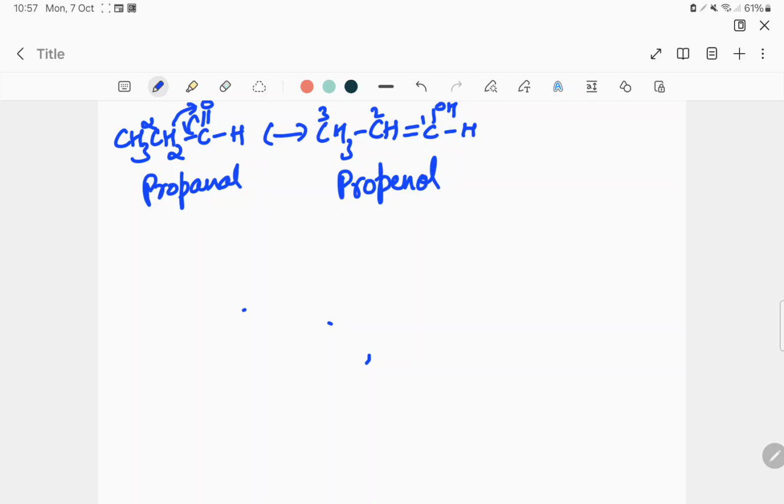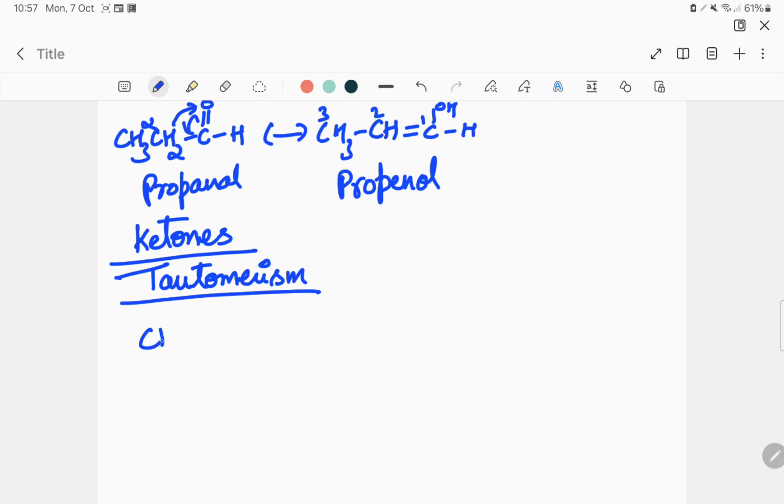Now, isomerism of ketones. Tautomerism, and this is known as keto-enol tautomerism.